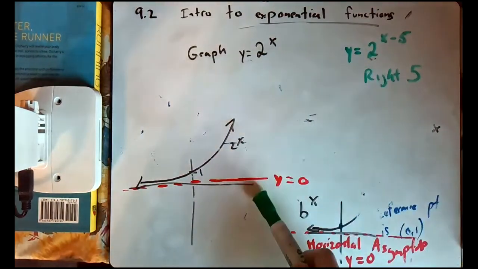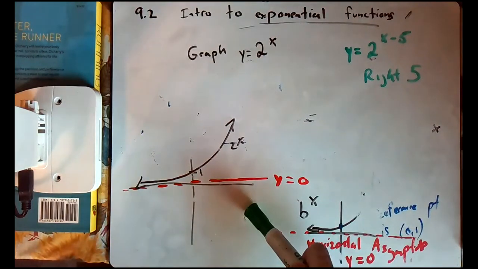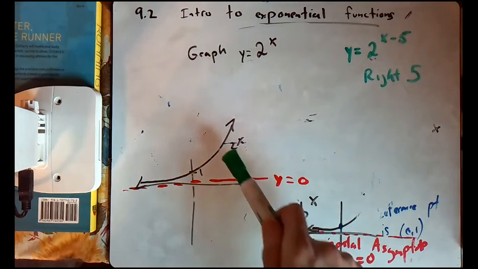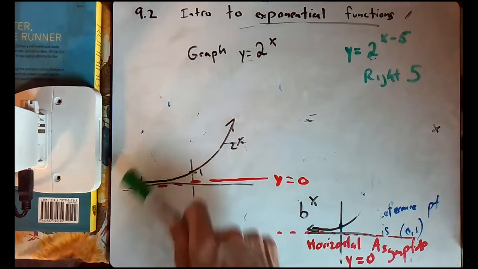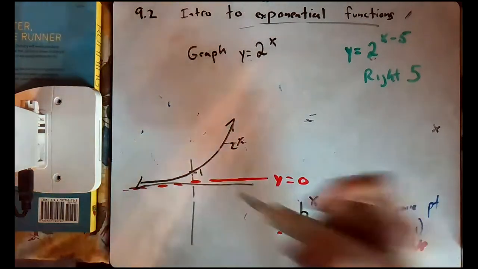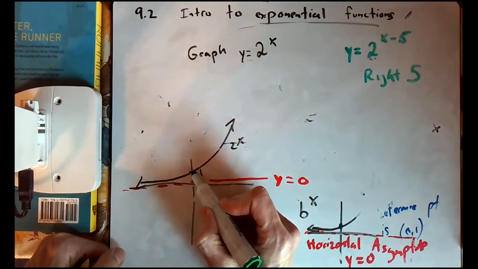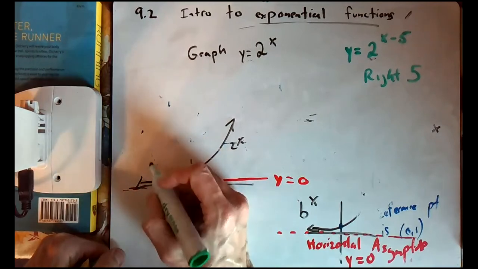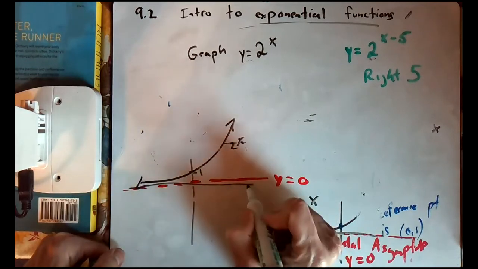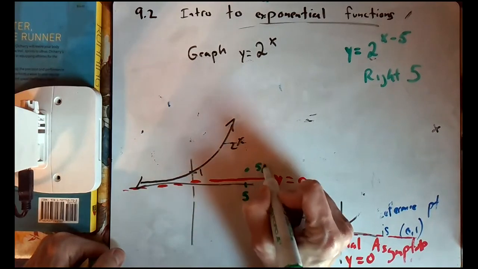So since we're not shifting up or down, the horizontal asymptote is still y equals 0. But we need to basically slide this 2 to the x over 5 units to the right. What's that reference point that we're going to use? (0, 1). So instead of it running through (0, 1), if we slide everything over 5 units to the right, it's going to run through (5, 1) instead.